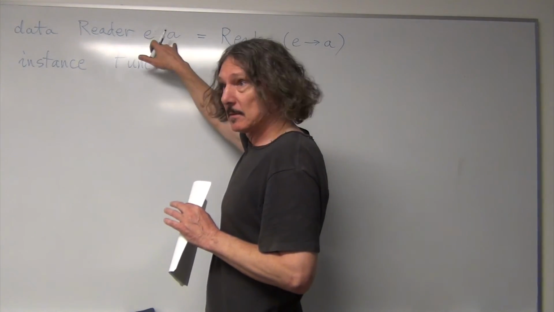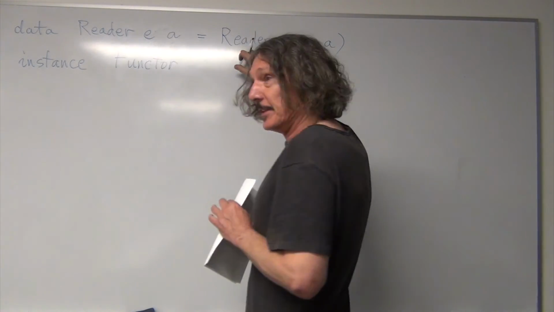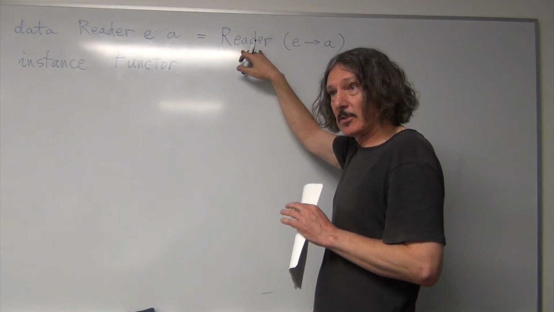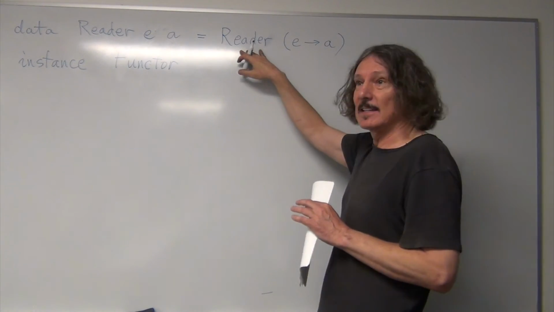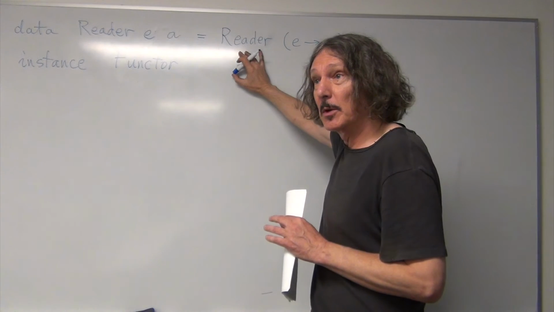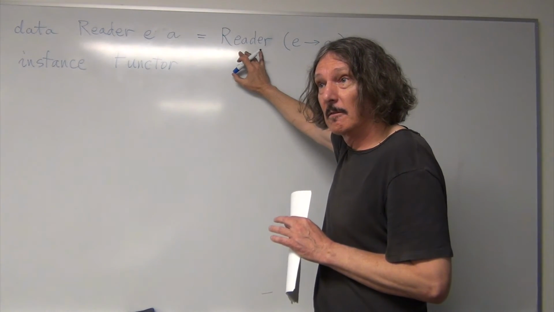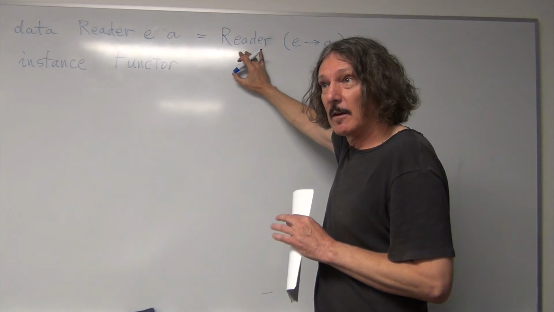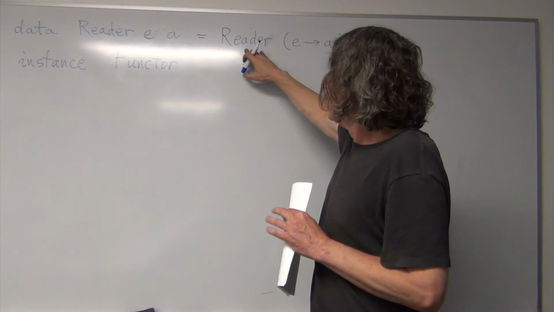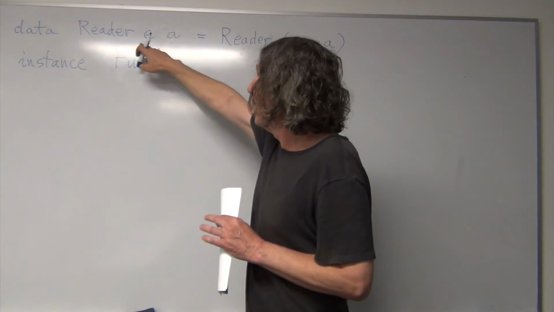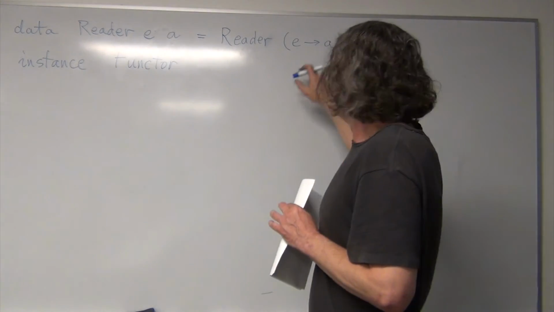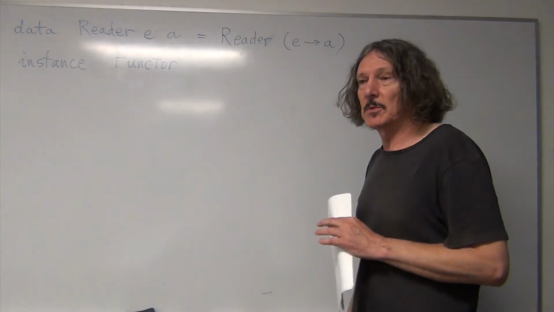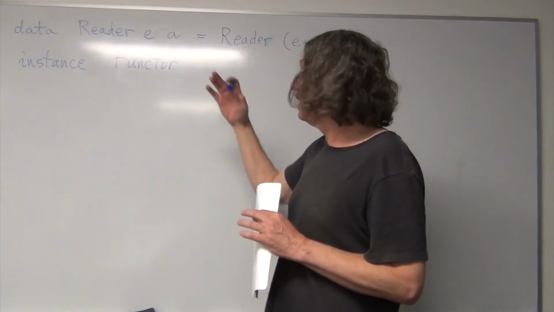It takes types. Two types. This is a data constructor. I'm defining a data constructor. I can give it whatever I want. I'm just saying, in order to construct a reader parameterized by E and A, you have to give a function from E to A. That's how I define reader.